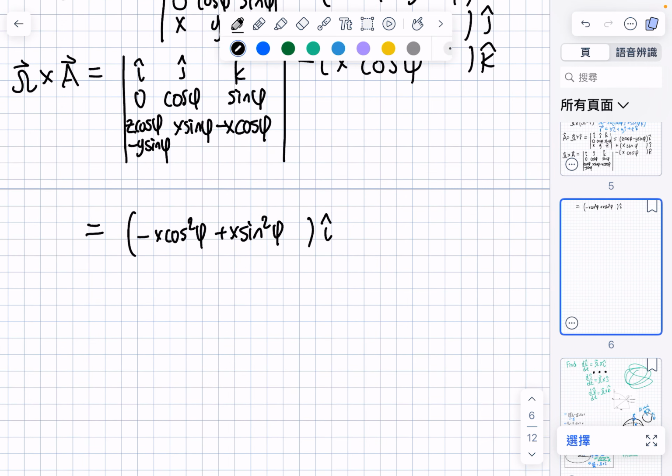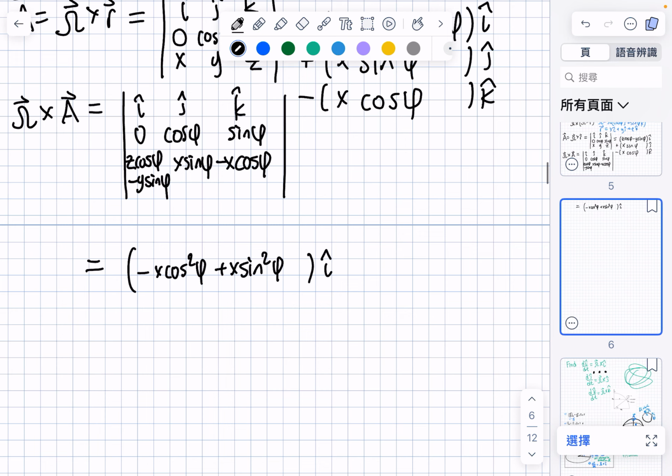And I noticed something about this, let me see. Oh, you cannot. Well, that was close, but I was hoping we can get rid of the sine squared and cosine squared, but that will not be possible.